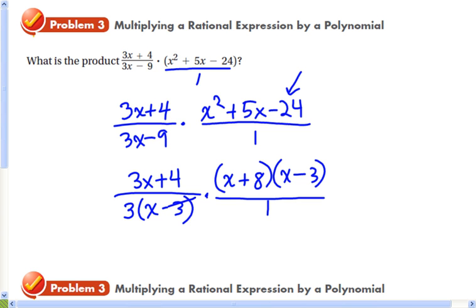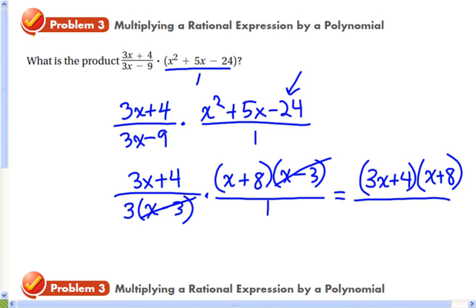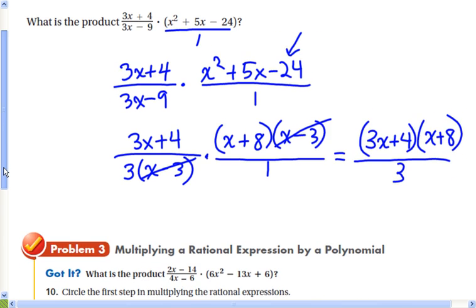And I see this common factor, x minus 3. So I'm going to multiply on the numerator. I'm going to have x plus 4 and multiply that by the quantity x plus 8. And then on the denominator, I just have 3 times 1, which is 3. All right, go ahead, you try that.